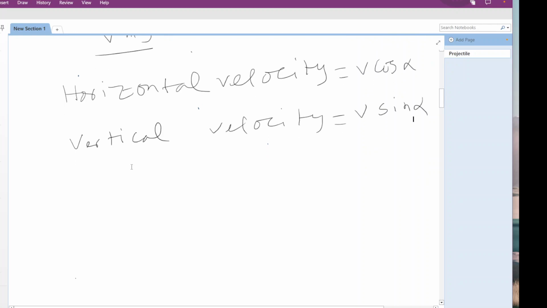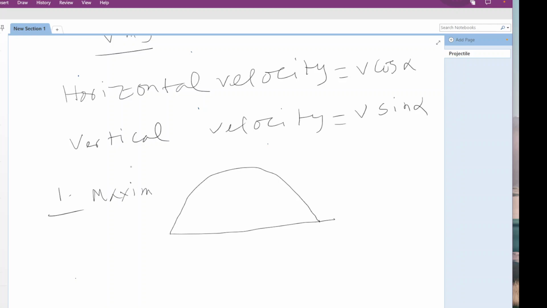And for question 1, I have to find the maximum height. Think this way: maximum height reached by the stone.